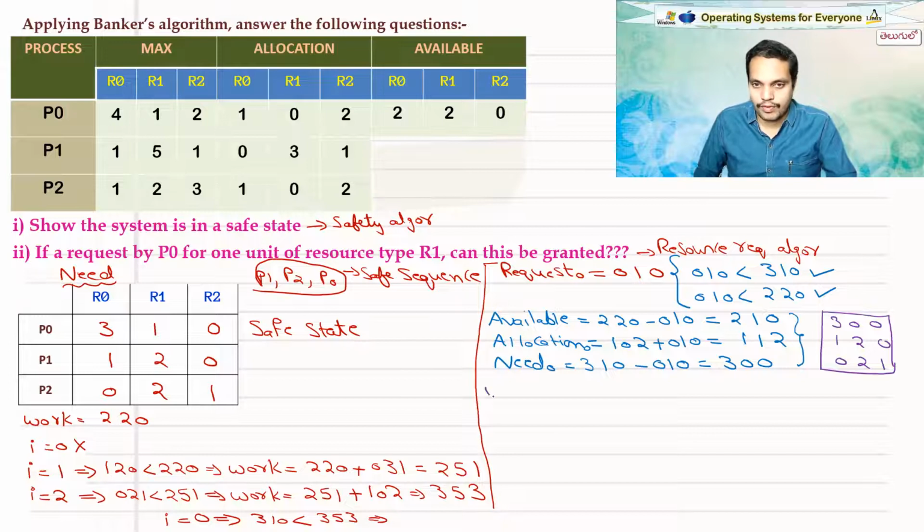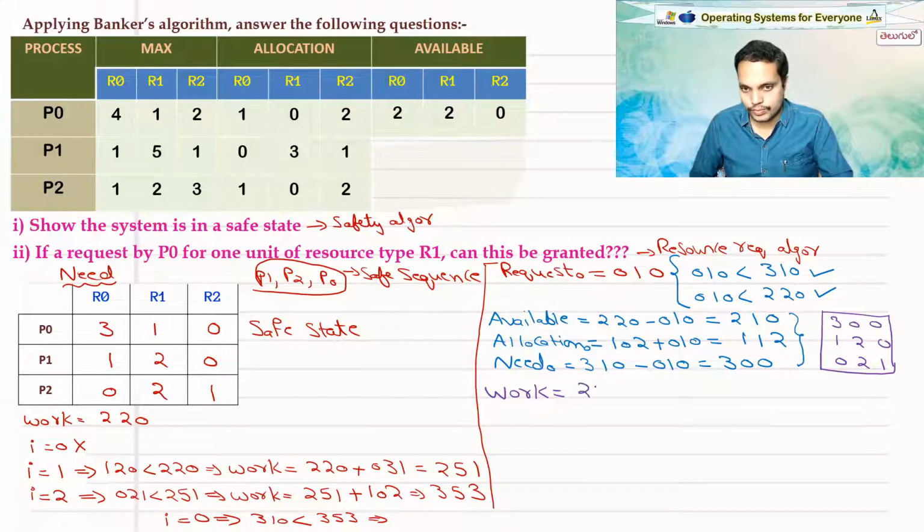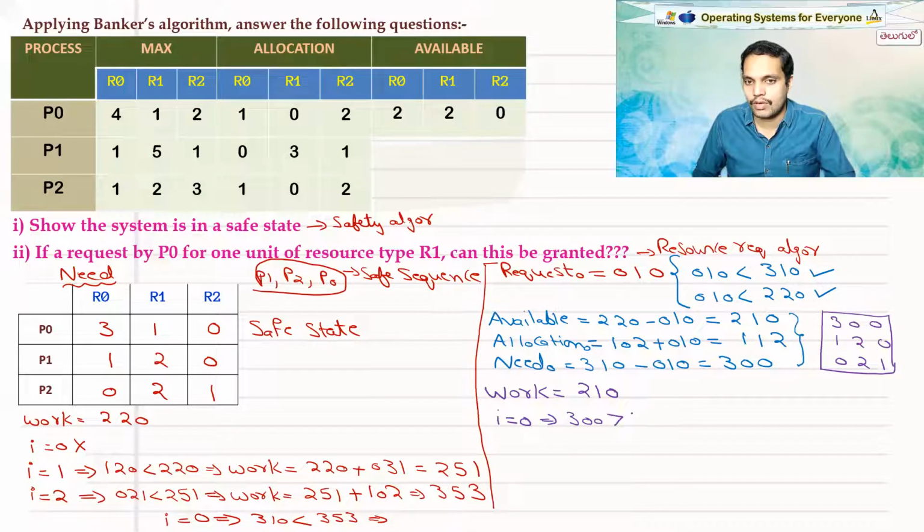Now the work will be the new available, which is 210. Now I have to start from I is equal to 0. For I is equal to 0, the need is 300, which is greater than work 210. So P0 cannot be added.